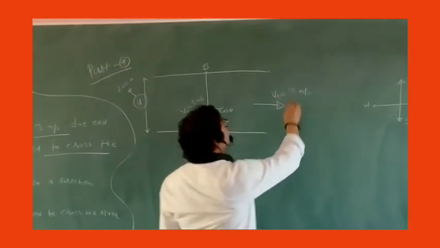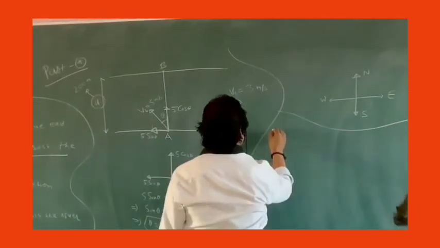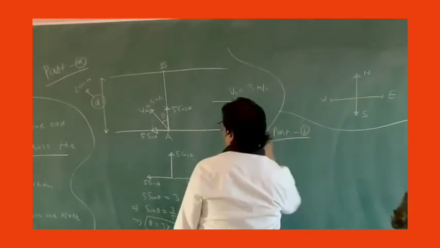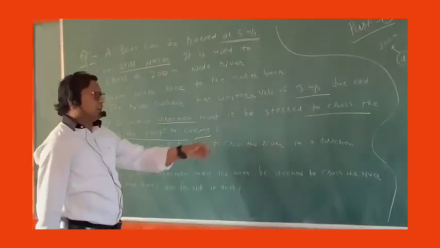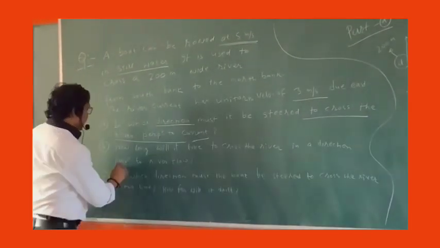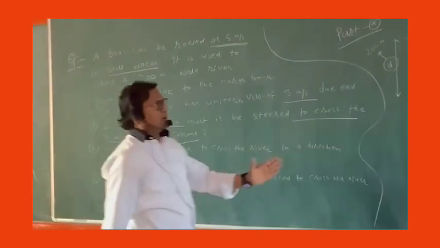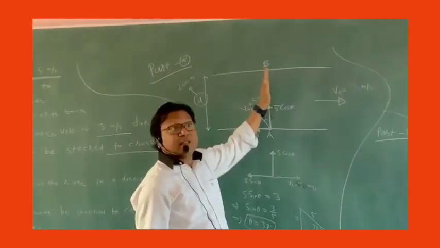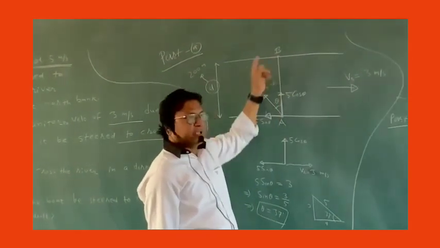For part B, how long will it take to cross the river in a direction perpendicular to the river flow? That means in this direction if the boat is moving, then what will be the time to move from A to B?